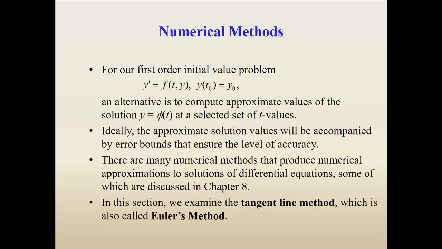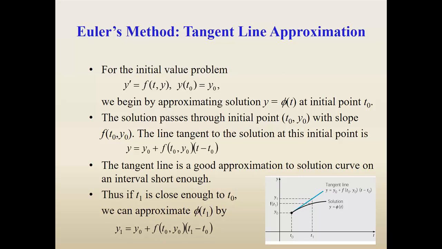What we're going to do is use the fact that f of t, y is the slope of the graph. It is where the graph is going. And if I know where I currently am, my current y value and my current t value, and I know the slope of the graph at that point, I can predict or approximate what the next value of the function is going to be based on how far in time I want to travel.